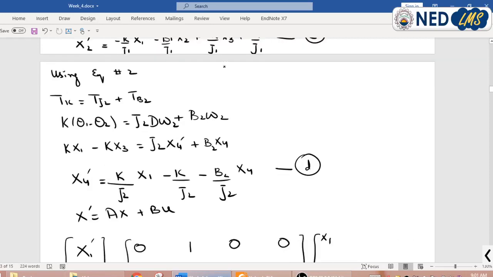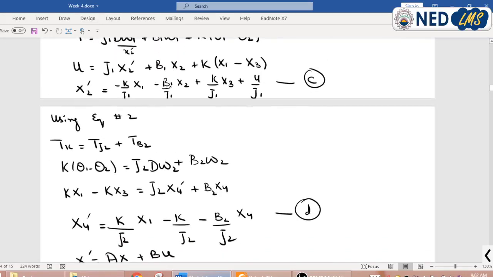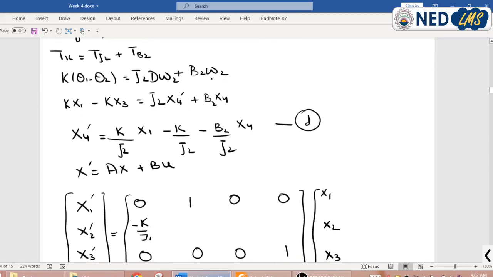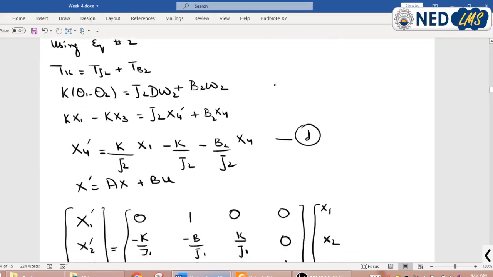So we can write minus K over J1, this is my x1 coefficient, then minus B by J1, and K by J1. No dependency on x4. U is present, we will write it later.